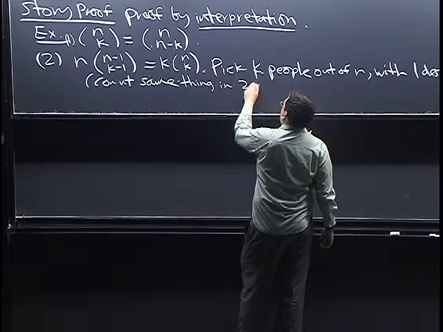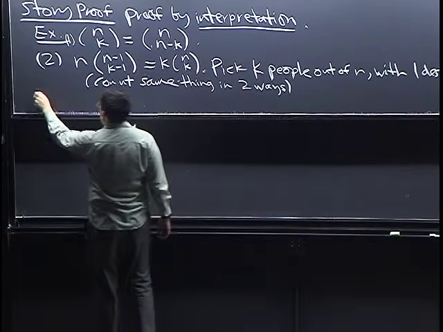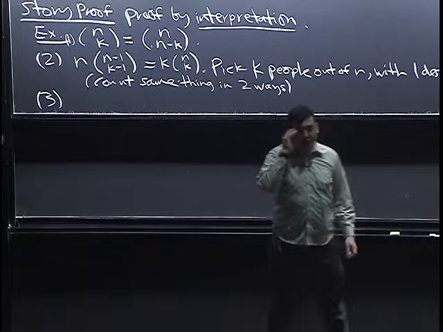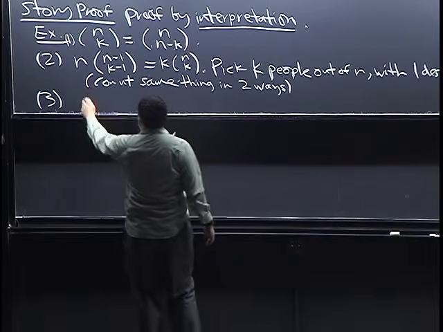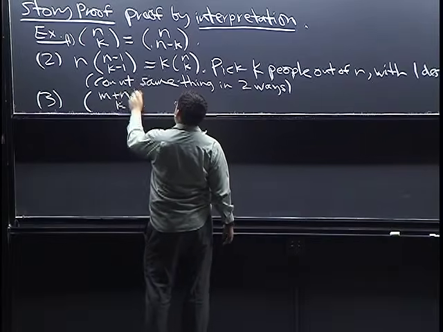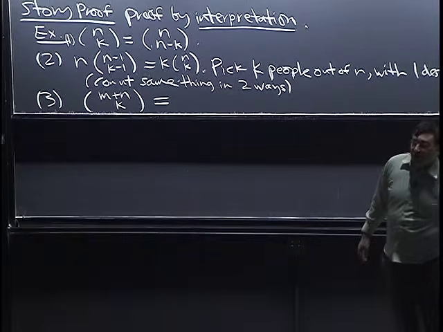Okay, and one more example. That will be useful several times in this course. It's a handy identity. Suppose we had m plus n choose k, and I want to write this as a sum.